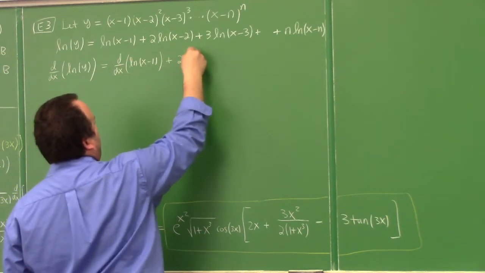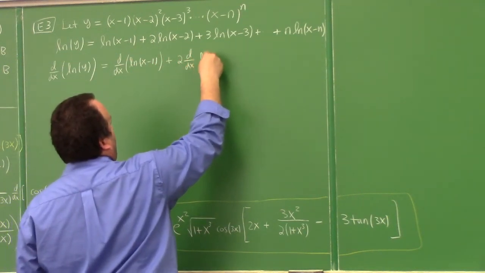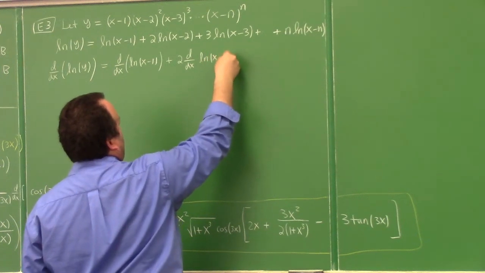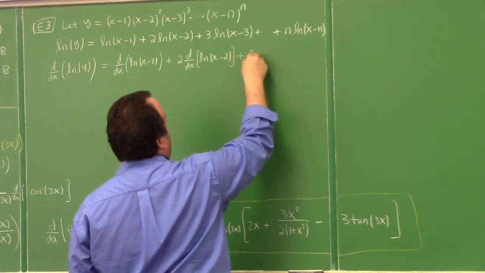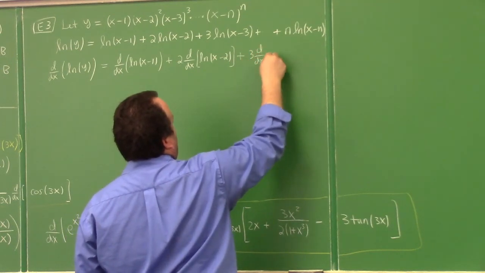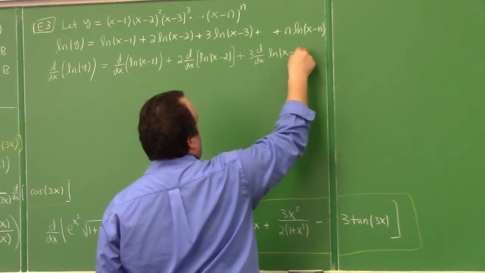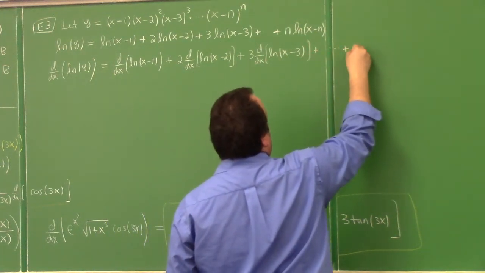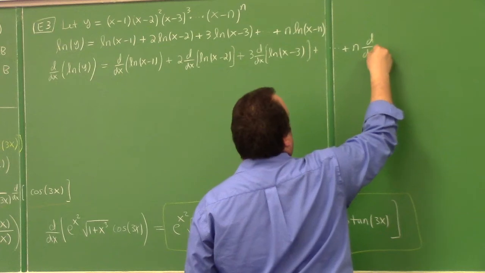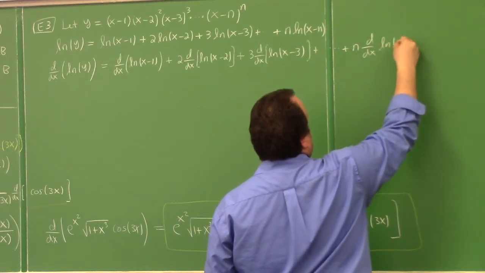Plus 2 times the derivative of natural log x minus 2, right? Plus 3 times the derivative of the natural log of x minus 3, right? And so forth and so on, until we get n times the derivative of the natural log of x minus n.